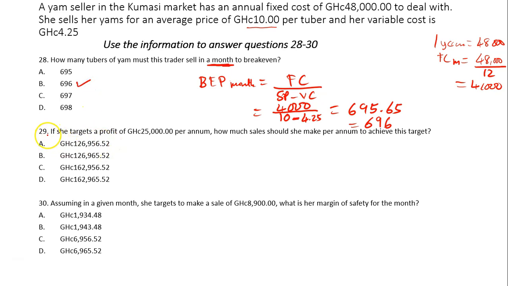Question 29. If she targets a profit of 25,000 per annum, how much sales should she make per annum to achieve this target?